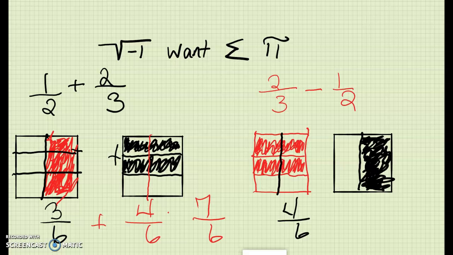Well, I'm going to do the same thing here, but instead of breaking it up in half, I'm going to break it up in thirds to make sixths. So I'm going to put a line here and a line here. Now I denote my equivalent to 1/2, which is 3/6. So now I can say the difference between 4/6 and 3/6, because I have a common denominator, is 1/6.